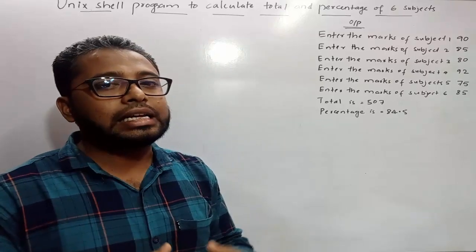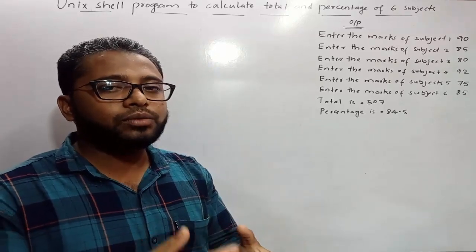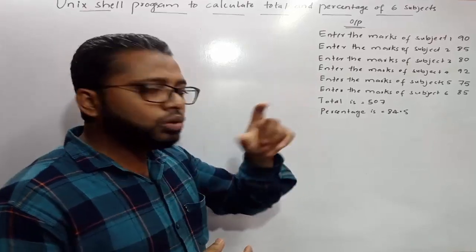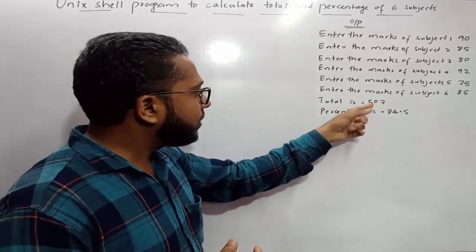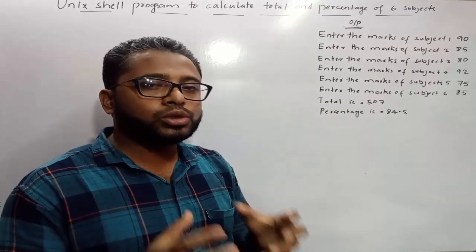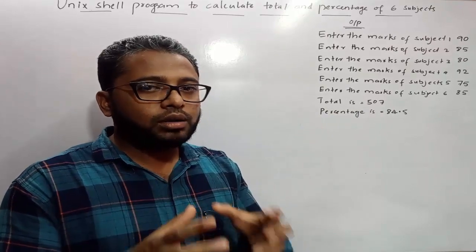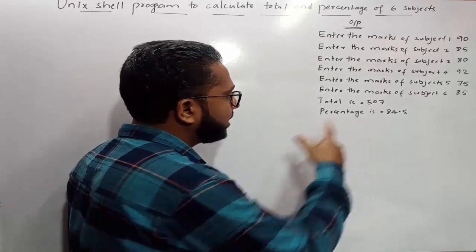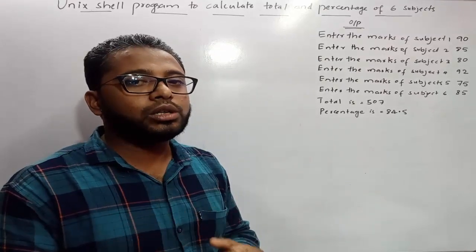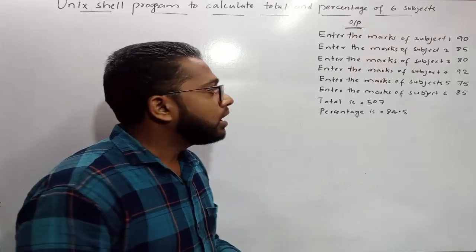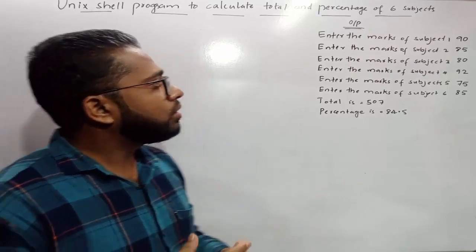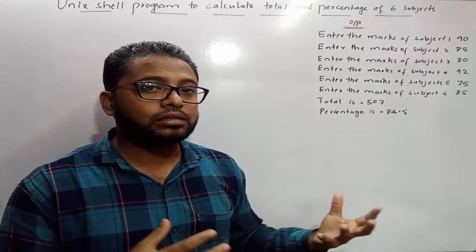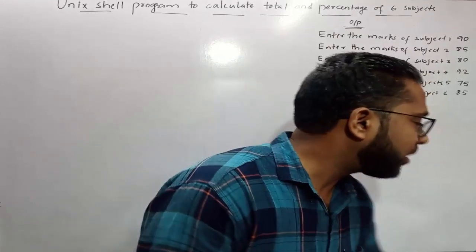So we'll be creating 6 variables starting from M1 to M6, and then based on those marks we'll be calculating the total. And in our program, to store the total, we need to create one more variable, and also we are displaying the percentage. That's why we need to create one more variable to store the percentage data. Okay, so now we have understood how many variables we need to use in this program. So now let us start writing this program.